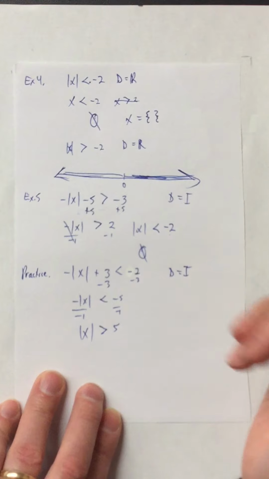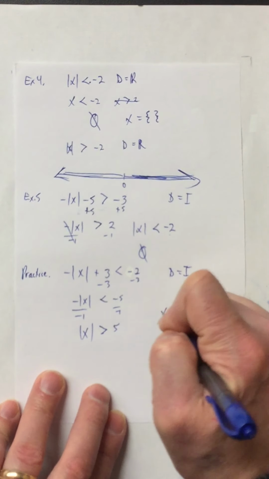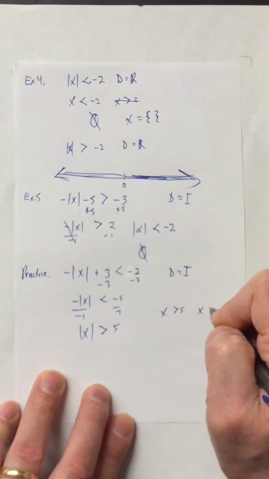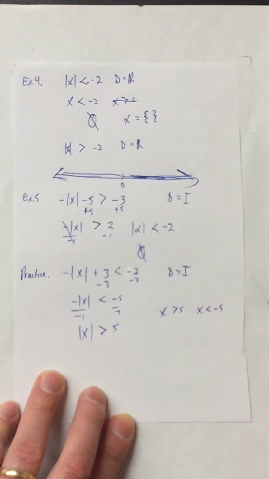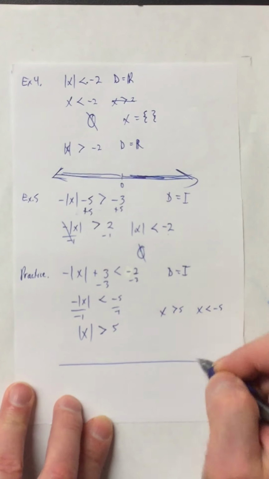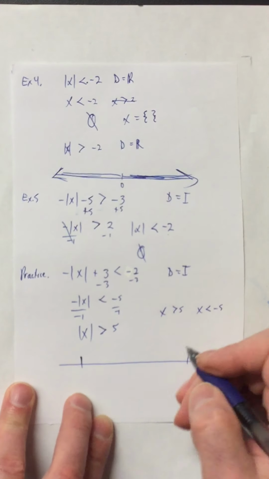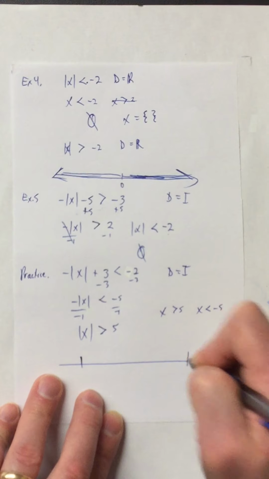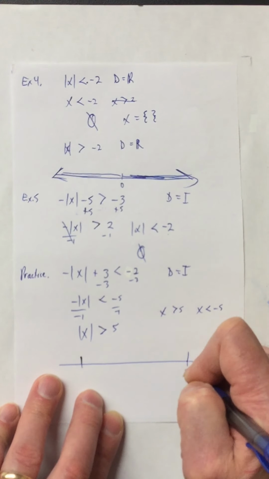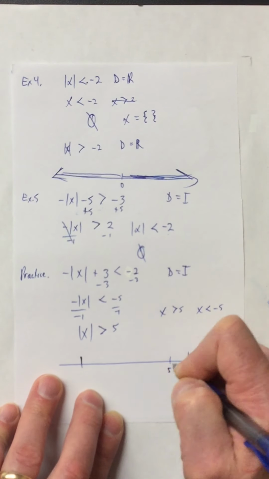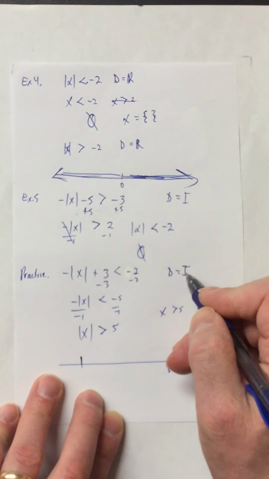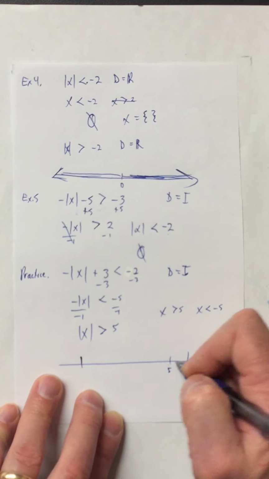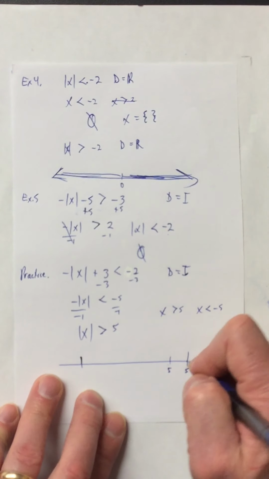Okay, and so once I get there, x is greater than 5, and then same thing, I'm going to flip my sign and make that a negative to show the other side of it. Well, 5 is not included. Let's put 5 here. 5 is not included, and since it's just integers, there's no reason to put an open circle. I mean, there's no point.